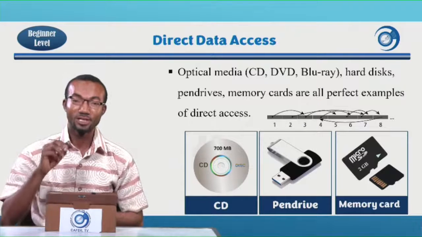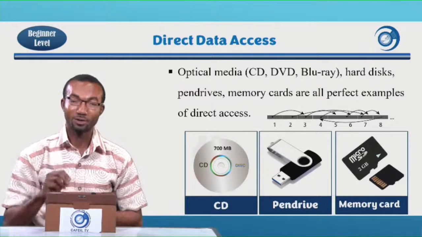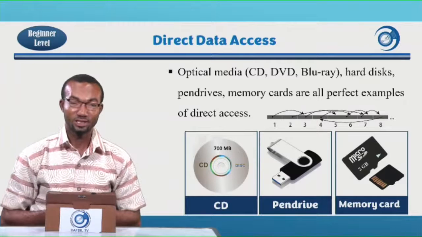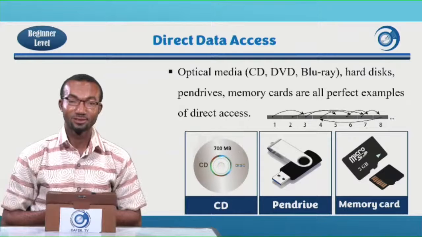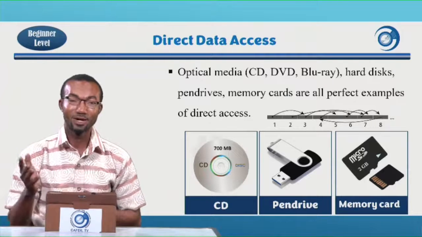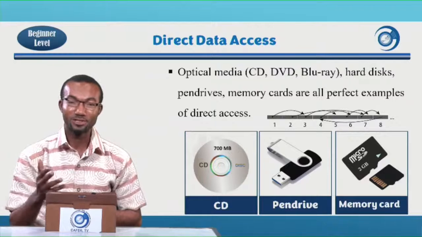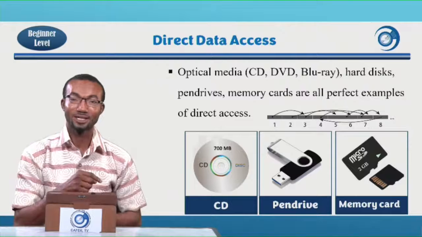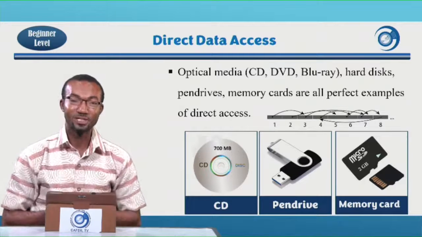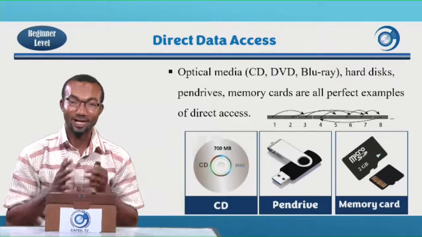If you put a compact disc or a DVD containing music in your player, you can shuffle songs. It will play track 1. If you have about 20 songs, it can play track 1, go straight to track 16, come back to track 8. That type of media access is called direct access.